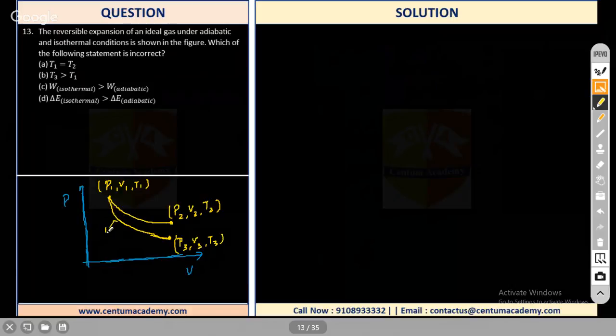This one is adiabatic, and this one is isothermal. Now you tell me this question. This is the graph.